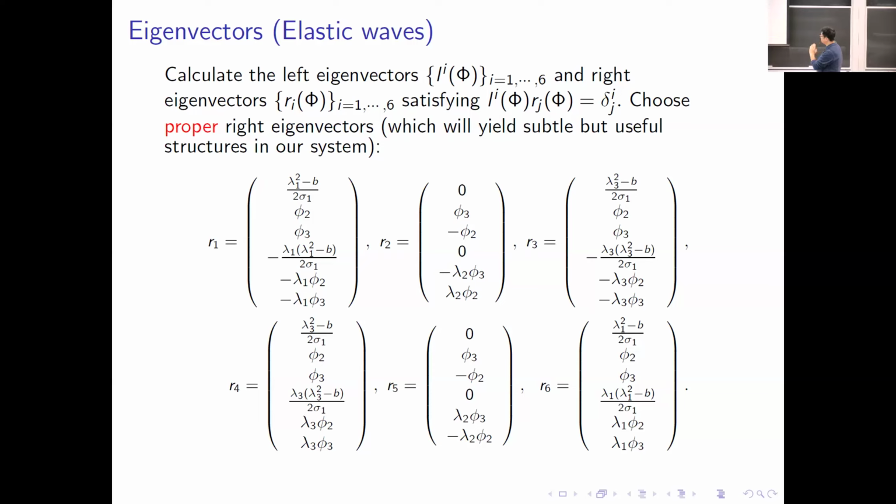I also want to mention that this is the difference of our result compared with a previous result. In previous results, when they consider the left eigenvector and right eigenvector, they usually impose another condition, that the inner product has size 1, to make it normal.